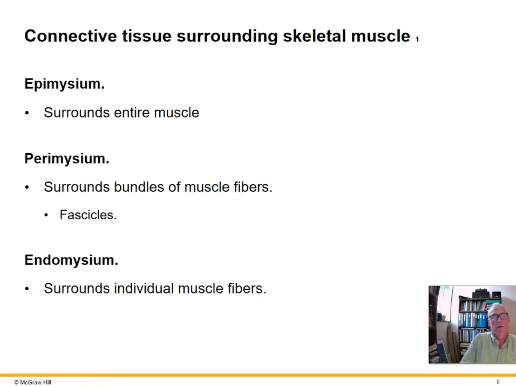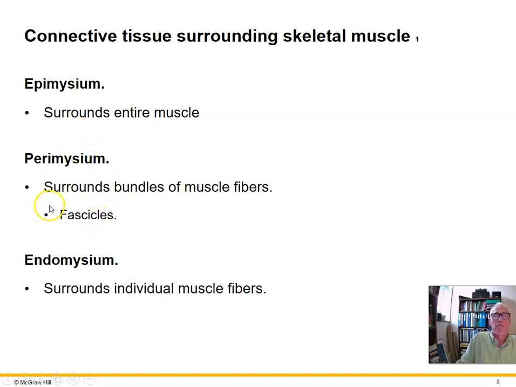Okay, let's talk about the anatomy of muscles and muscle cells. Muscle cells are packaged together to form organs called muscles or skeletal muscles, and the entire muscle is surrounded by a connective tissue covering, a jacket. That's the epimysium. And it's continuous with the tendon that attaches it right to the bone.